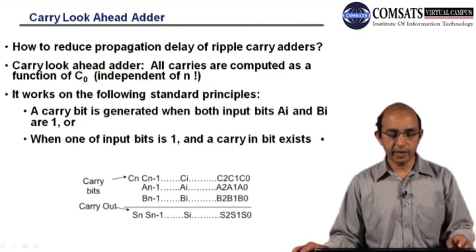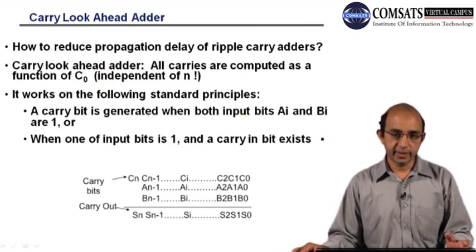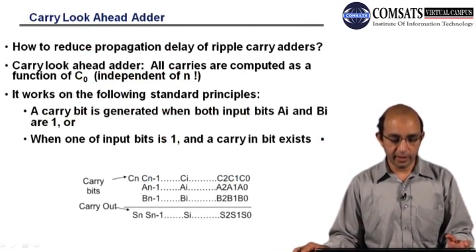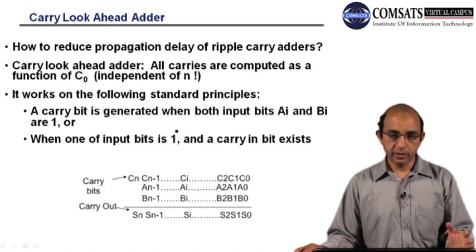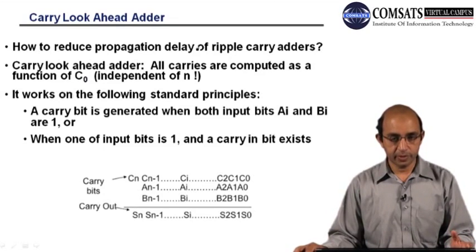So what is the solution? What we can do is design a circuit that is called a carry look ahead adder, right. So the objective over here is to reduce the propagation delay, and for that we can have the carry look ahead adder circuit.